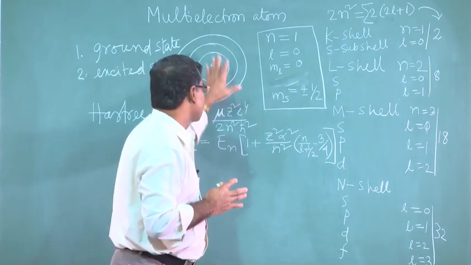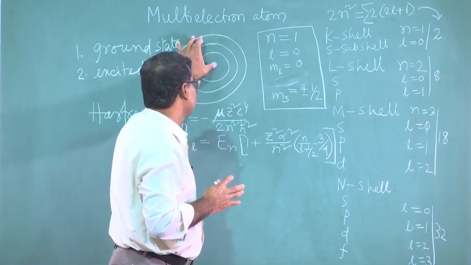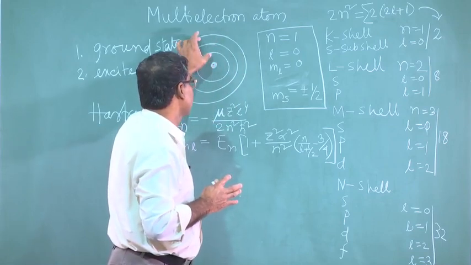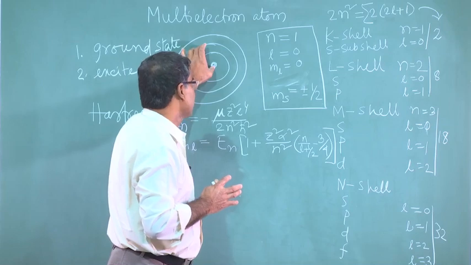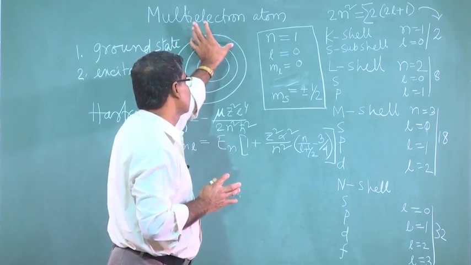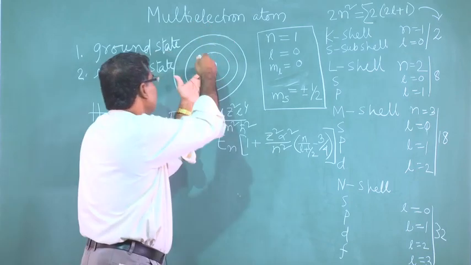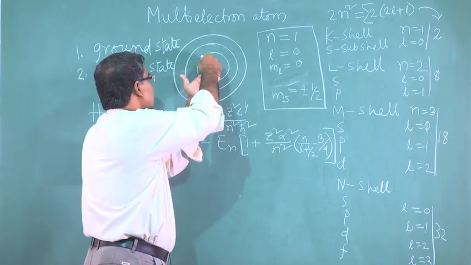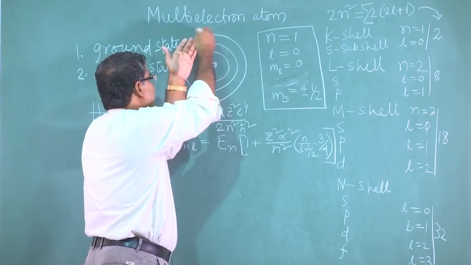For a single electron, there is just the direct Coulomb interaction between electron and nucleus. Now, if we put a second electron, we will have two Coulomb interactions, electron-nucleus and electron-electron.